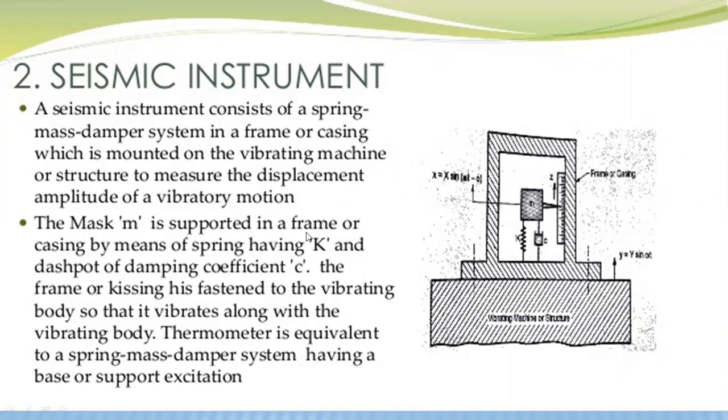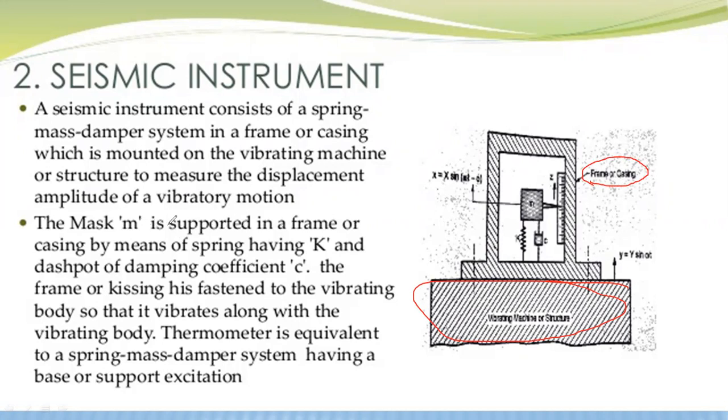You can see that a vibrating machine is fixed on the base. To that vibrating machine, a frame or casing is connected. That frame or casing is connected to mass M through the supporting frame.